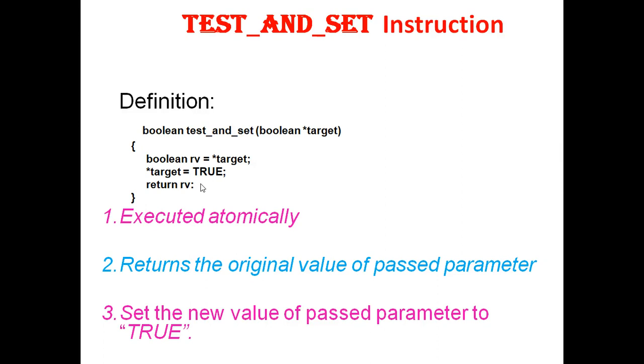Why are we going to use this test and set instruction? Many modern computer systems provide special hardware instructions that allow us to test and then modify the content of a word, or to swap the contents of two words atomically. This is the major use of the test and set instruction.